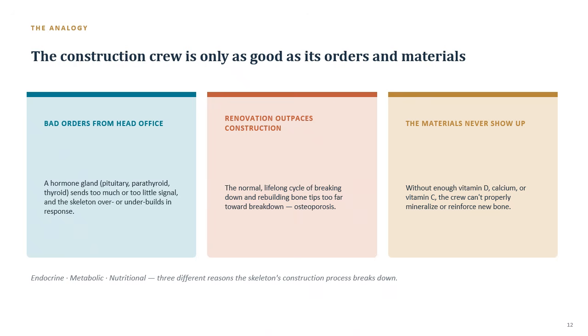All right, so looking at the first category, we have bad orders from the head office. We have all sorts of glands in our body. Some specific ones are our pituitary gland and also the parathyroid. They all give us hormones in order to help build and also sustain our skeleton, our bones.